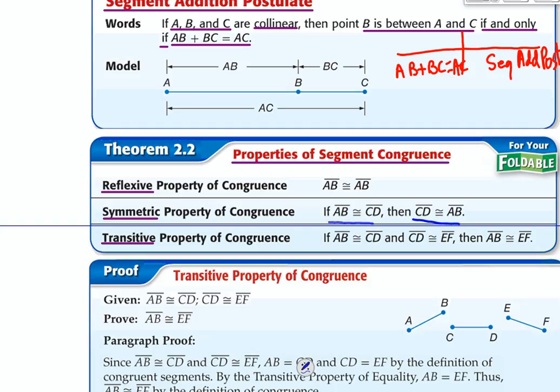We'll use the transitive property. The first thing congruent to the second thing, and the second thing is congruent to the third thing, then we can say that the first thing is congruent to the third thing. So I'll be asking you those questions as we go through writing these proofs.